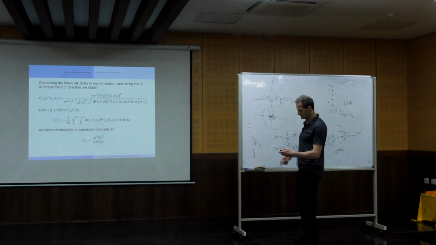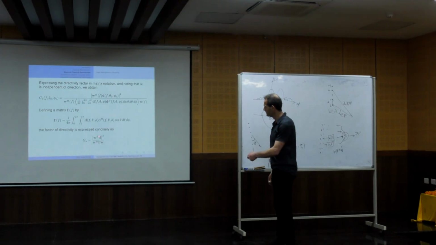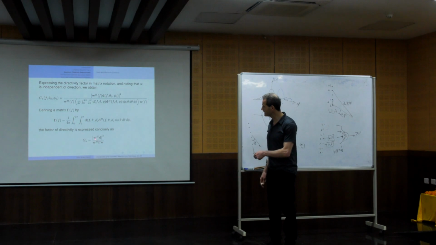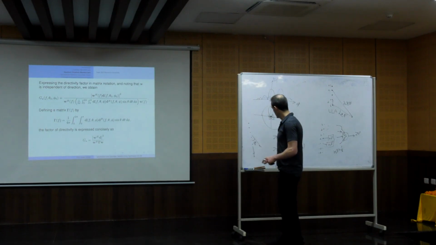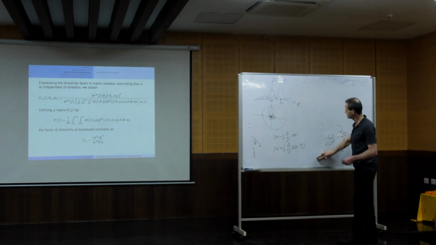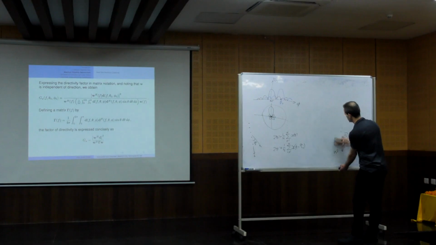By the way, I didn't write here the dependence on the frequency. We maximize the directivity by using W for each frequency. So this ratio depends on the frequency, but I didn't write it for simplicity of notation.